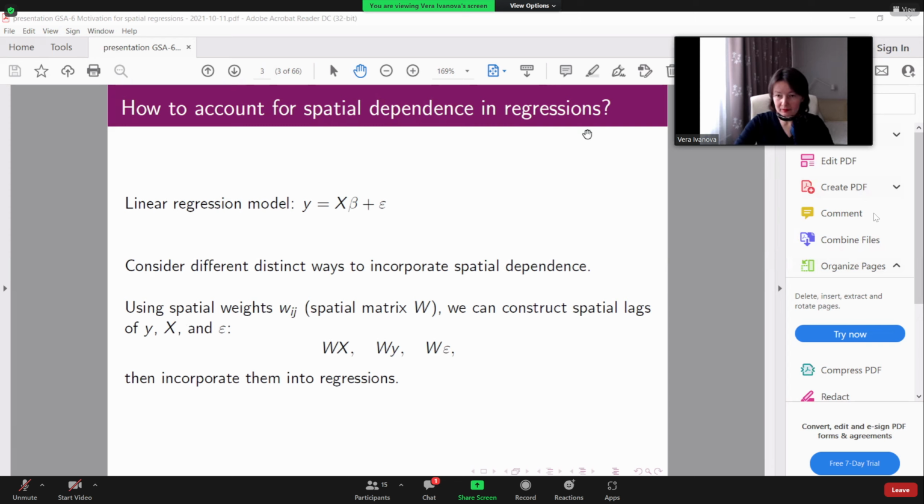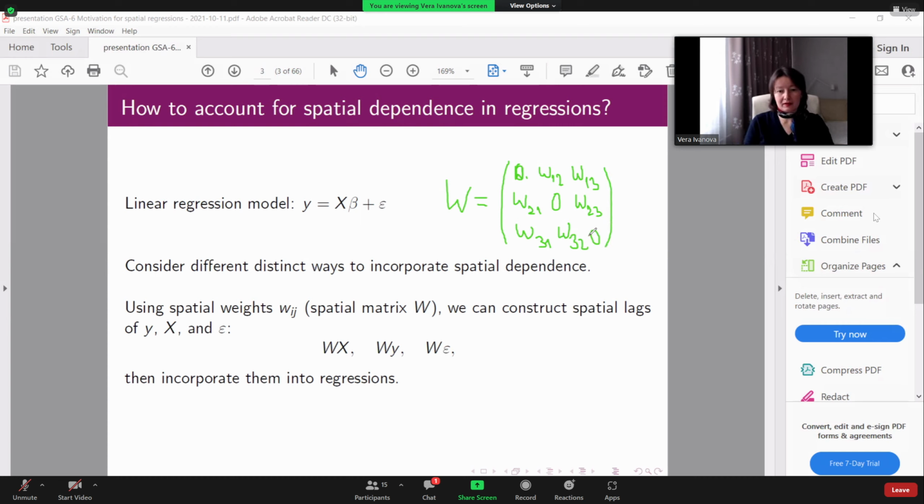let me draw, just a second, let me draw a matrix. 0, W12, W13, W21, 0, W23, W31, W32, and 0.